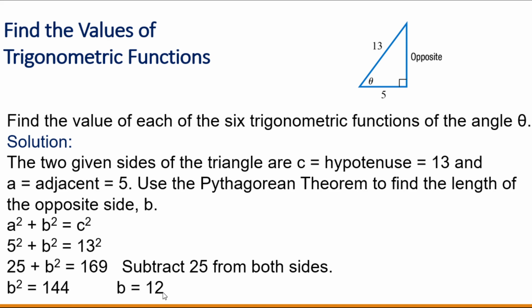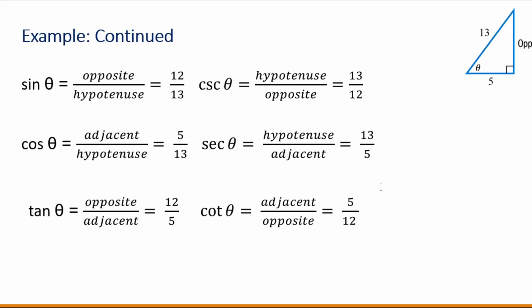So just to recap, the adjacent side A is 5, the opposite side B is 12, and the hypotenuse, which is C, is 13. And so we know that the sine of angle theta is equal to the opposite side over the hypotenuse, and that equals 12 over 13.